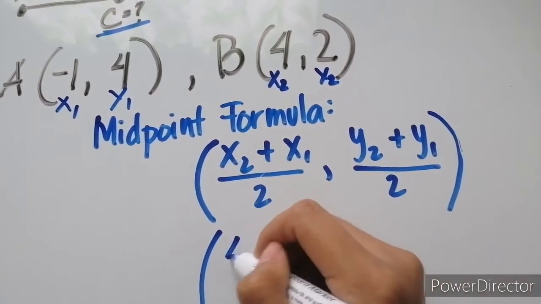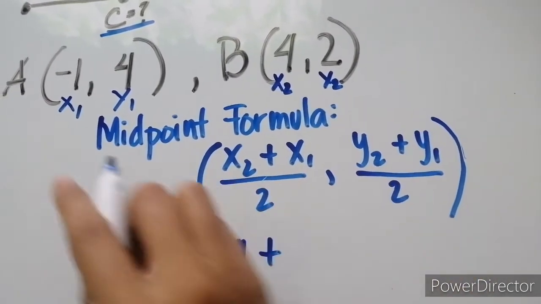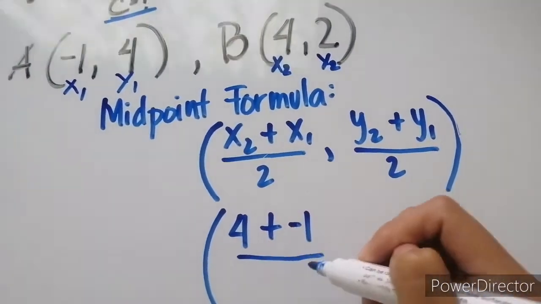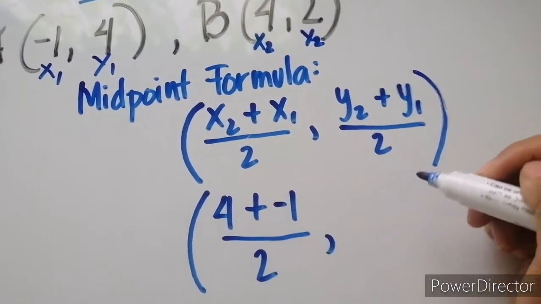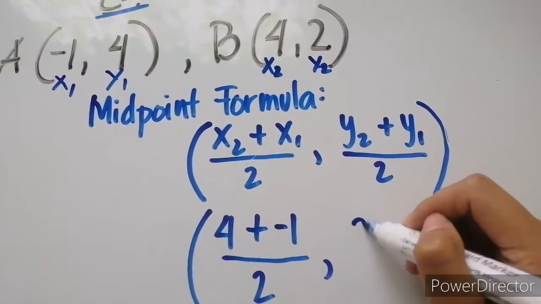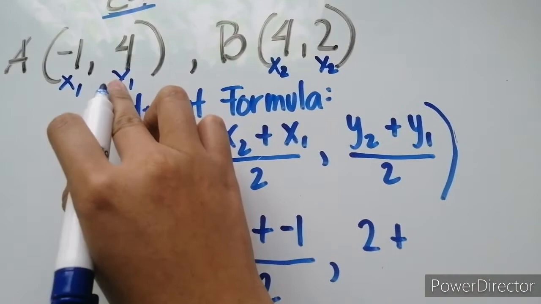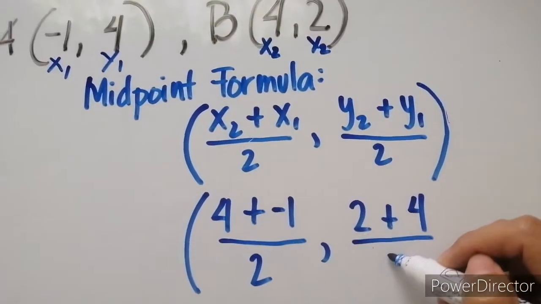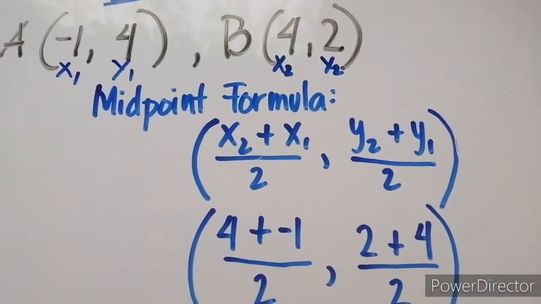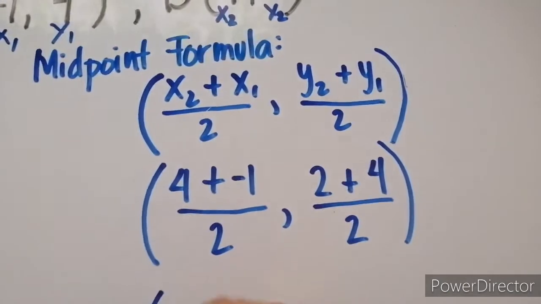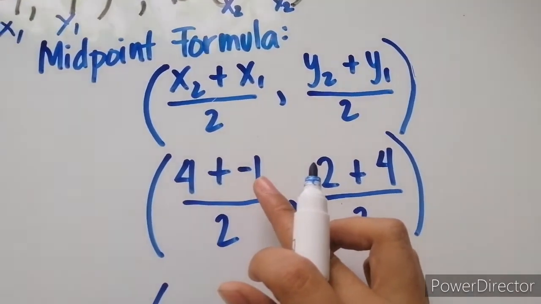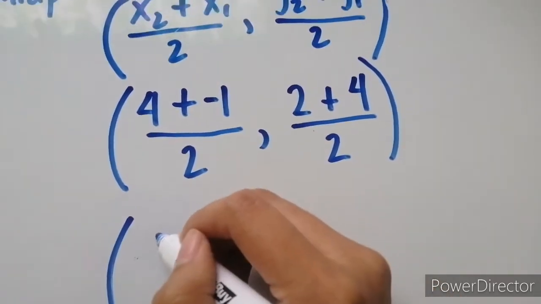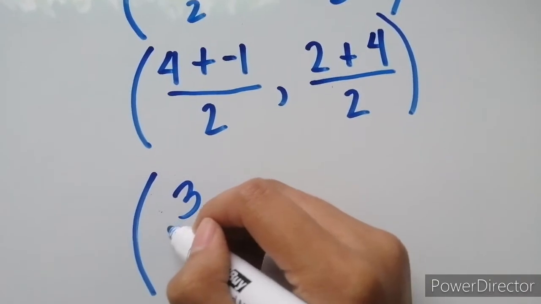X sub 2 is 4 plus our x sub 1, which is -1, over 2, and y sub 2, which is 2, plus our y sub 1, which is 4, over 2. Okay, so 4 plus -1 is 3 over 2. 3 divided by 2 cannot be divided anymore, so let's just input 3 over 2.